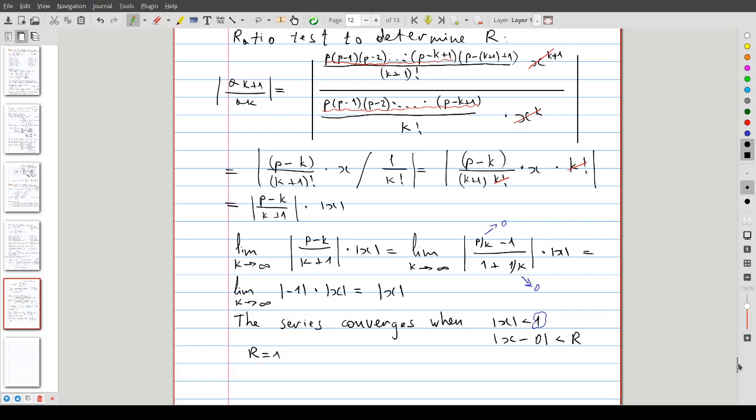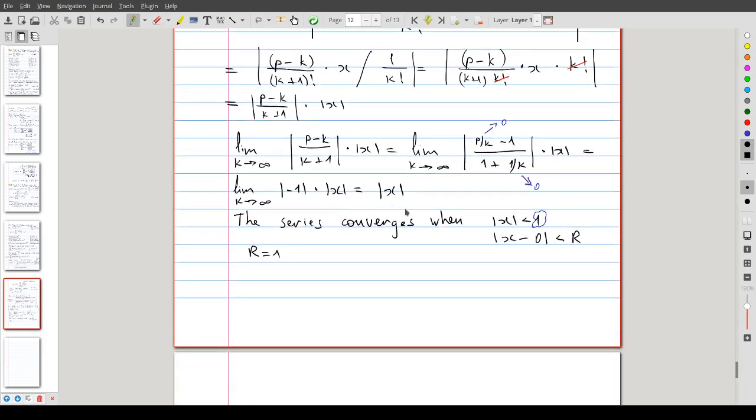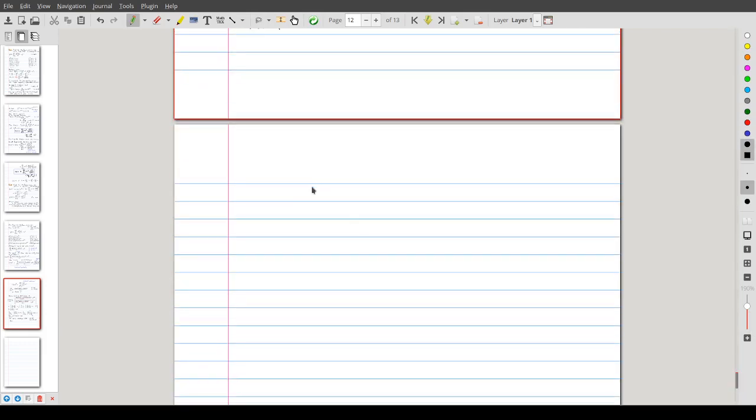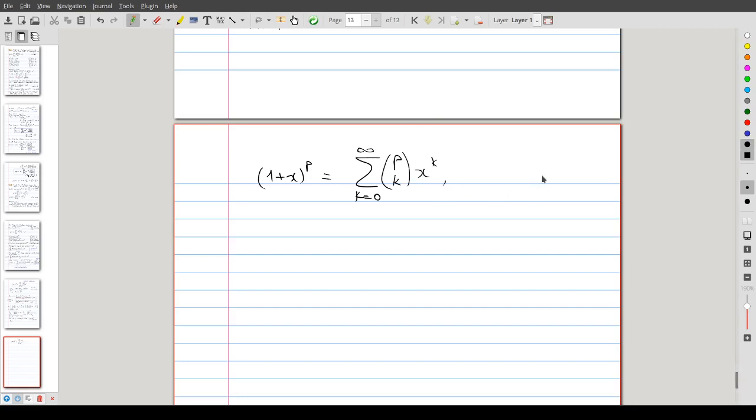And so we can conclude that (1 plus x) to the p is equal to the infinite sum, k from 0 to infinity, of p choose k times x to the k, when absolute value of x is less than 1.